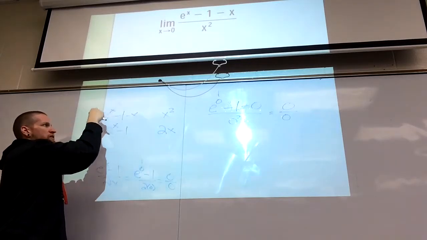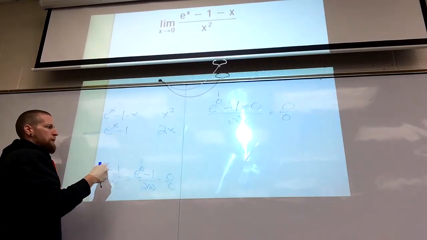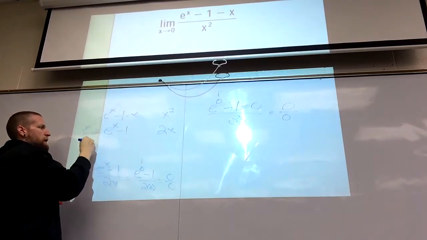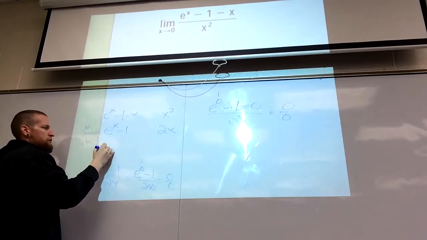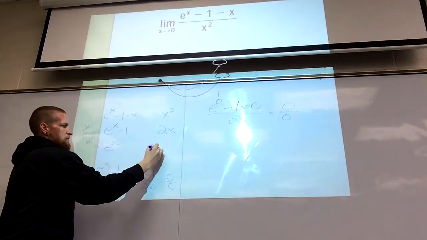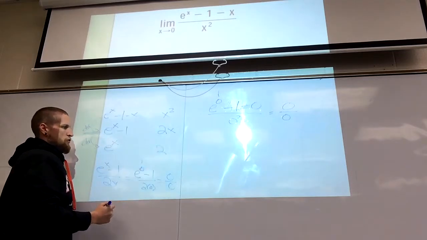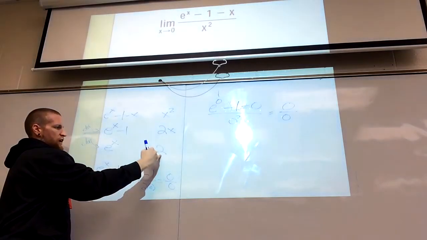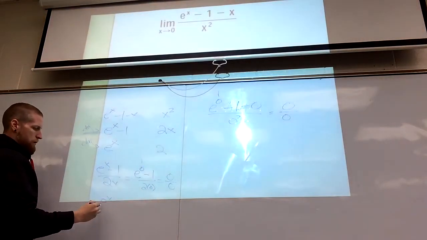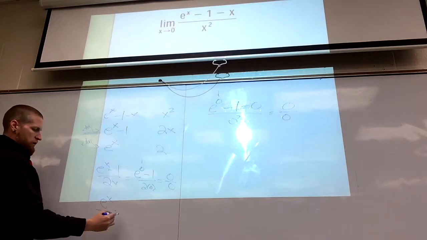So essentially I'm doing the second derivative of the first one. So this was a derivative, and now I'm doing another derivative to get down to hopefully another fraction. So that's e to the x, and that's 2. So now I've got e to the x, and now I've got 2. So these two are going to become what is hopefully the last fraction I'm working with.